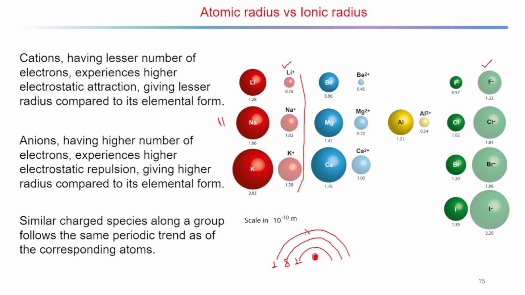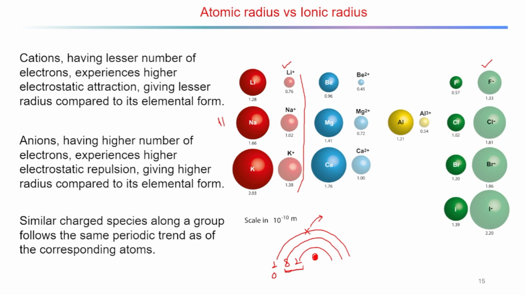Now what happens when we remove this electron? If we take it out, sodium becomes sodium plus, and this third orbit, which had only 1 electron, is completely empty. So you can see only these two orbits are there now in Na plus. So obviously the number of orbits is less.